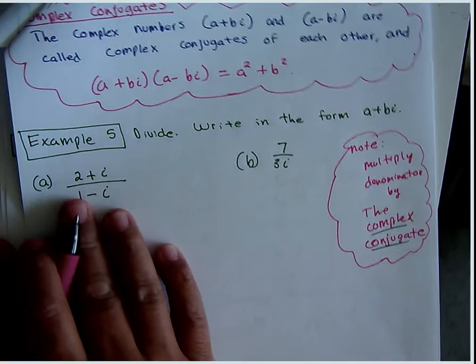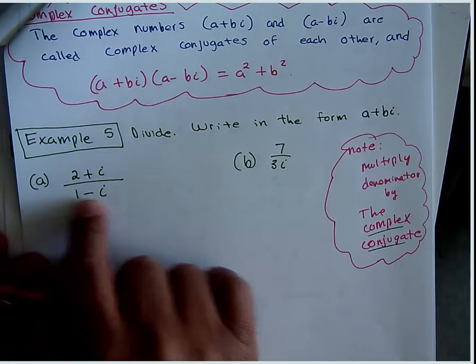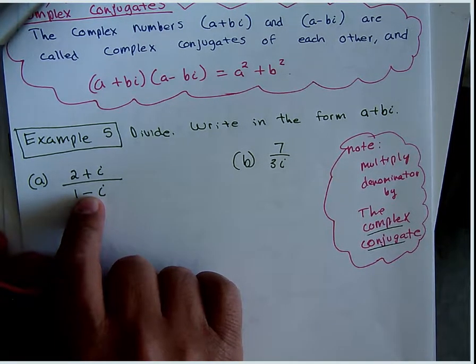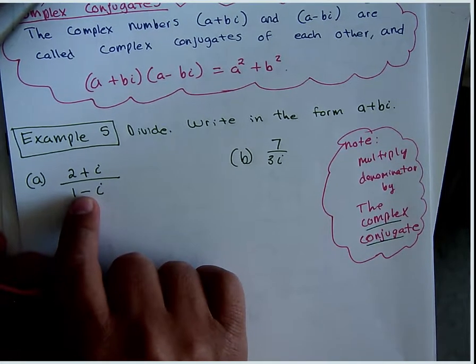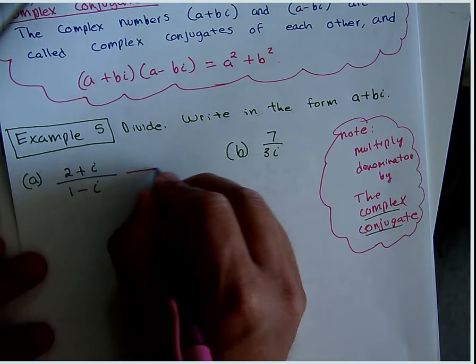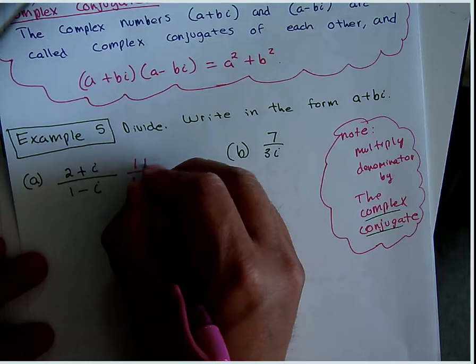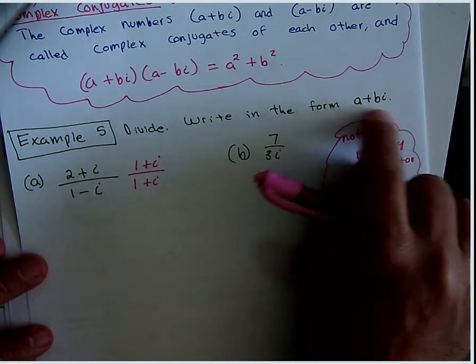So what is a complex conjugate? If you guys remember from the previous lessons, you keep the same terms and change the sign here. So all we need to do with this one is multiply by 1 plus i, because they want us to divide and leave it in this form.